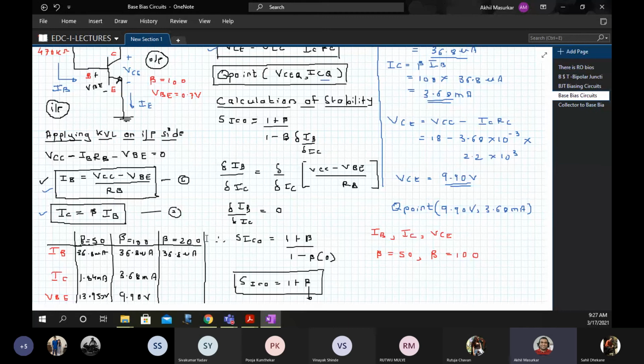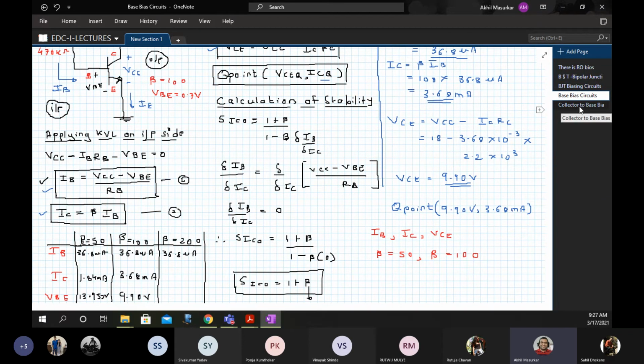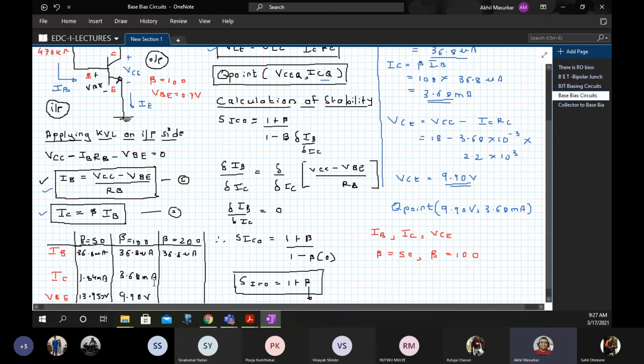That is how our biasing circuit should be. So that is why we are now moving to the next circuit, collector to base bias. Please tell me what are the values here. Here IC should double: 7.36 milliamperes, and this is 1.808 volts.